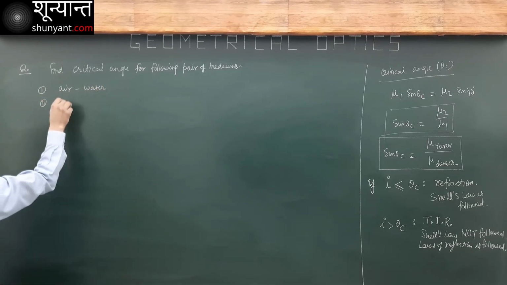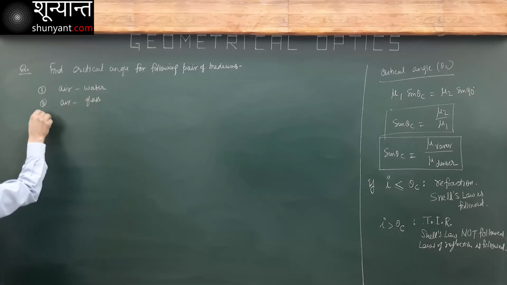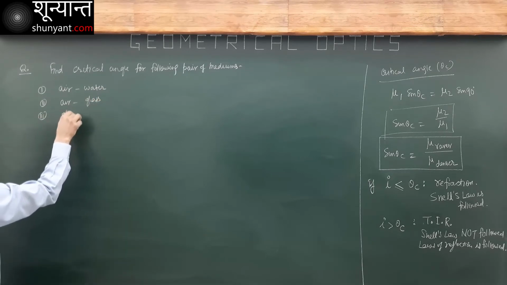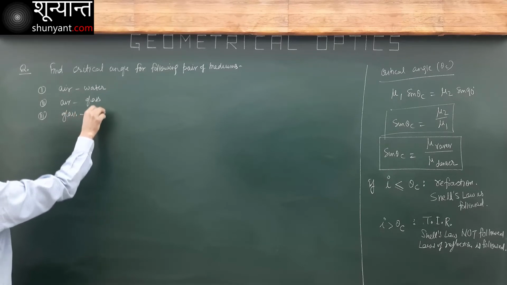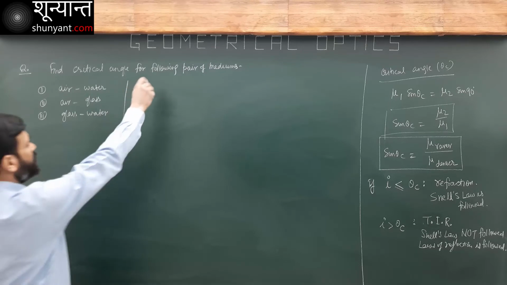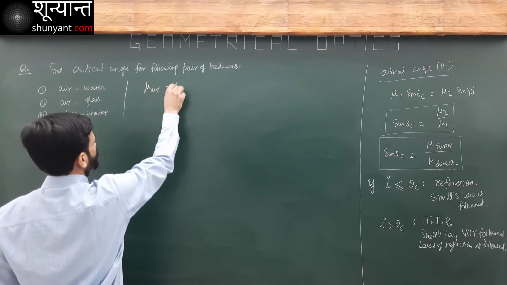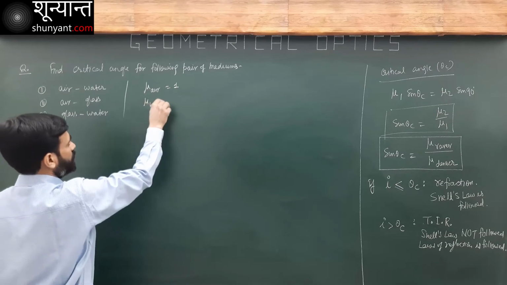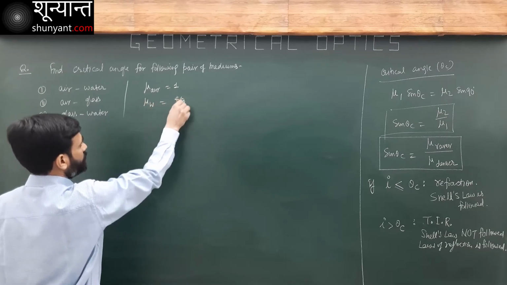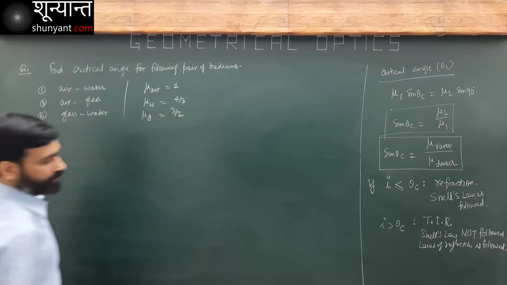Second, air, glass. Third, glass, water. Let me write some values. Mu air is 1, mu water is 4/3, and mu glass is 3/2.